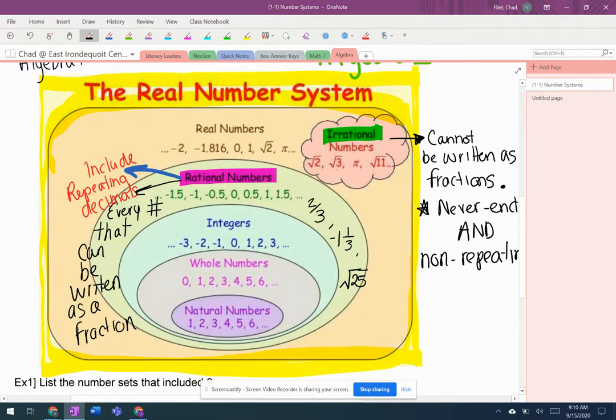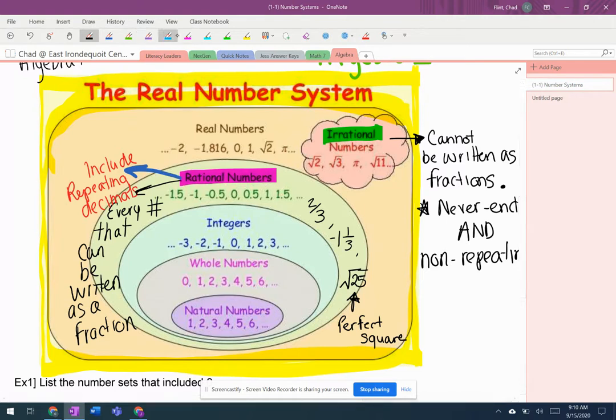The square root of 2, the square root of 3, and the square root of 11 are irrational because they're not perfect squares. The square root of 25 is what's called a perfect square because it comes out evenly. 5 times 5 is 25.